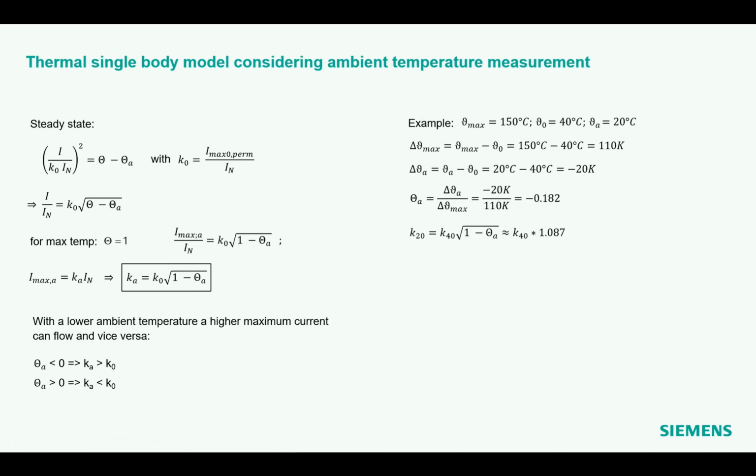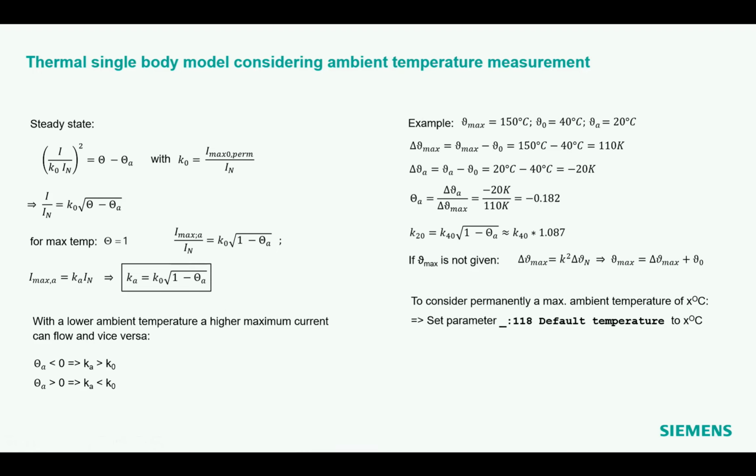Here now we have another temperature, so here we need the absolute temperature to make that calculation of the theta A. Here, as you see, not on that slide, maybe on one of the previous slides here. And in that way, I can calculate now a K factor, for example, for an ambient temperature of 20 degrees instead of 40 degrees. So the question is, do I need to do that?